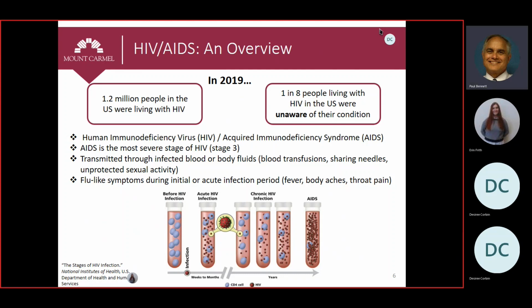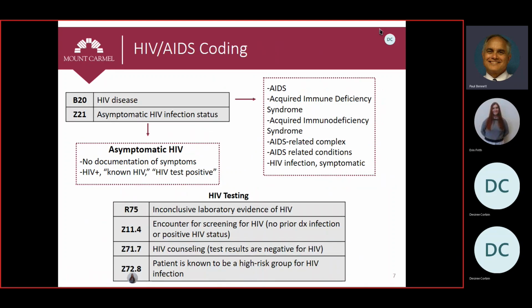It is best practice to select codes to the highest level of specificity that makes sense with the patient's burden of illness. Providers should not code for HIV without a confirmed positive test result.